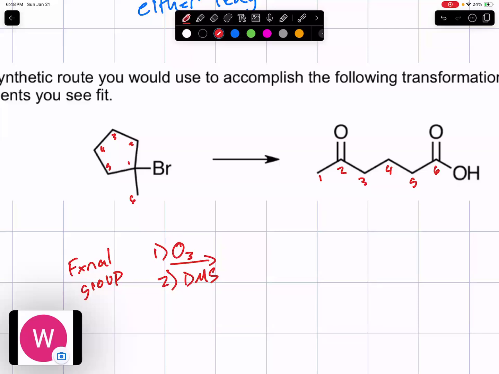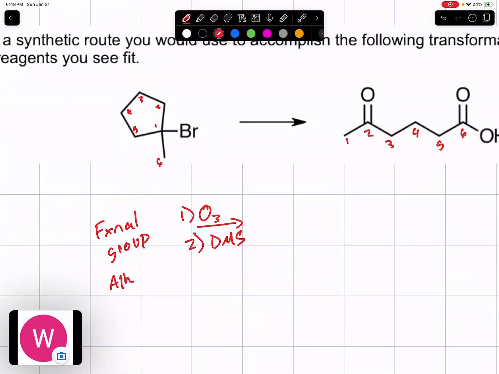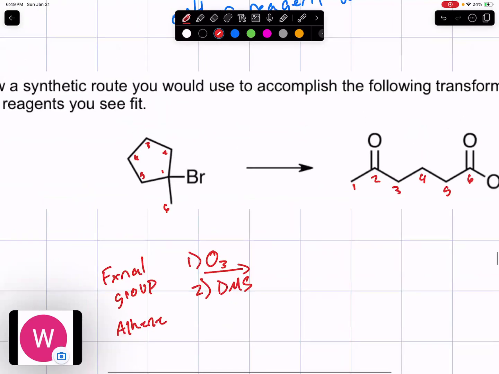Go back to chapter 8. Ozonolysis broke some kind of bond in half, a double bond, an alkene. We need an alkene, but we don't have an alkene in our reactant. So how do we make an alkene?